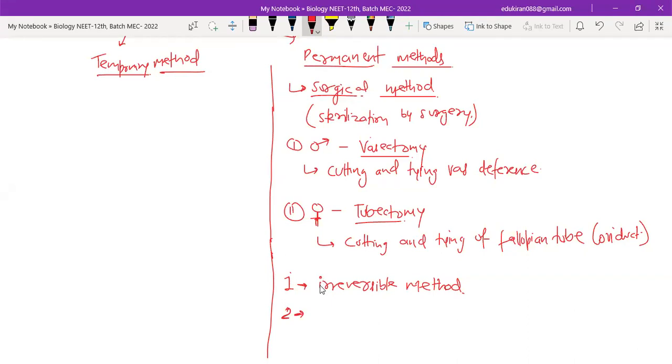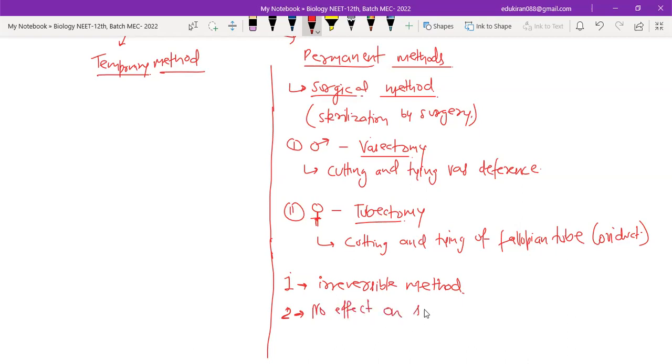Atif, will it have an effect on the sexual drive of the male or the female? Not sure, sir. No, why? You're correct. There will not be any effect on the sexual drive. Why? But what do you think?